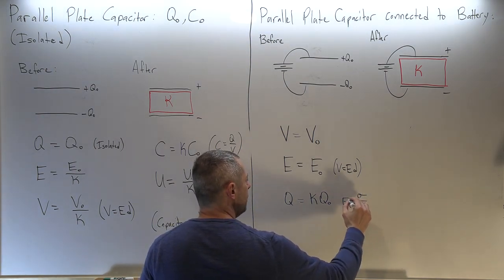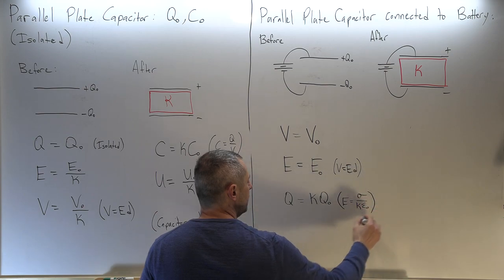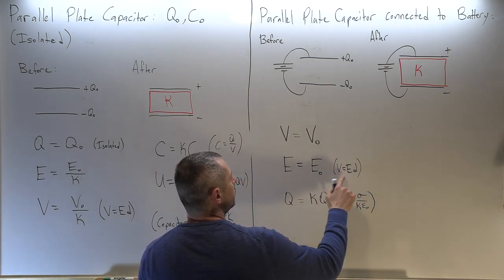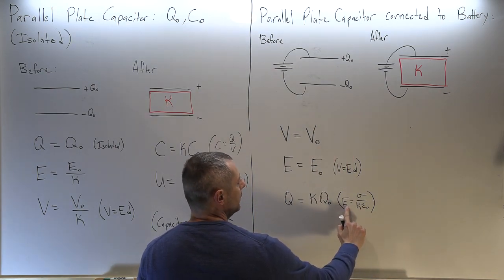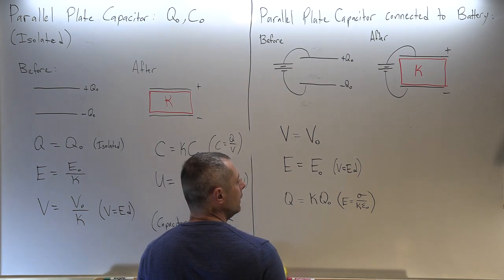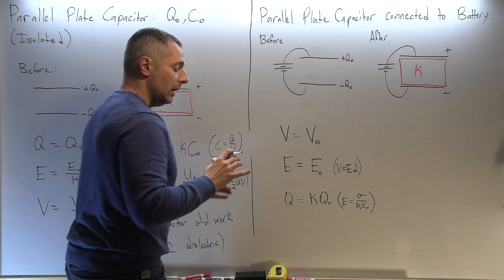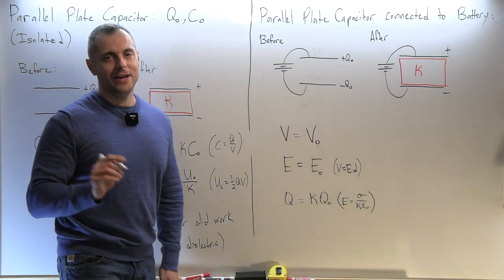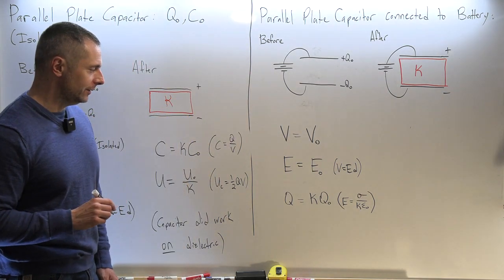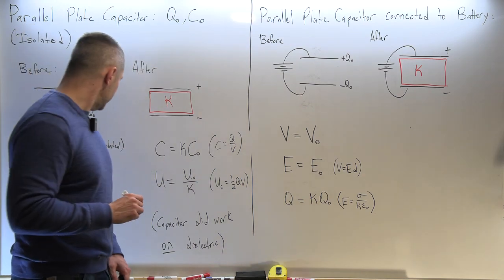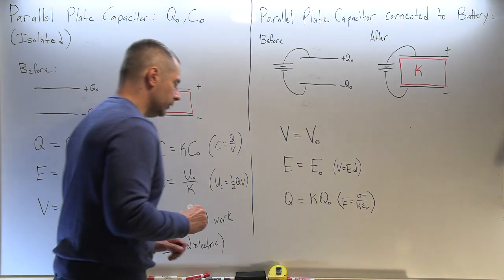But if I put a kappa over here, because of the dielectric, in order for the electric field to stay the same because the battery holds it the same, if I put a kappa here, I got to put a kappa up there. The charge density on the plates is more. The battery packed in more charge. That's what kept the electric field constant.